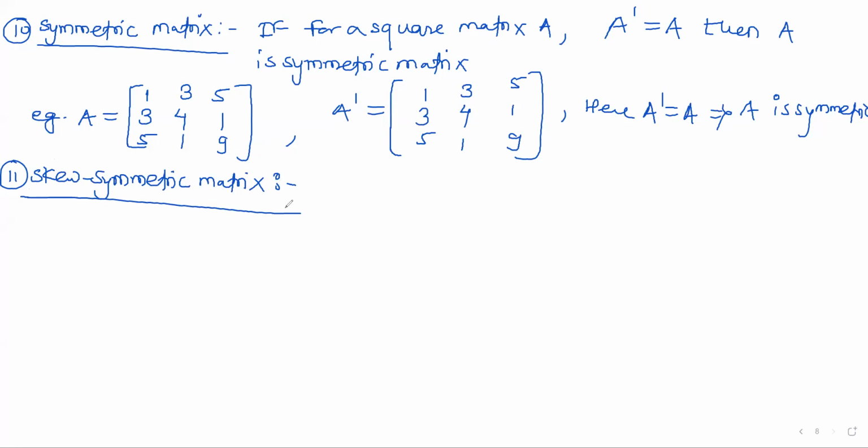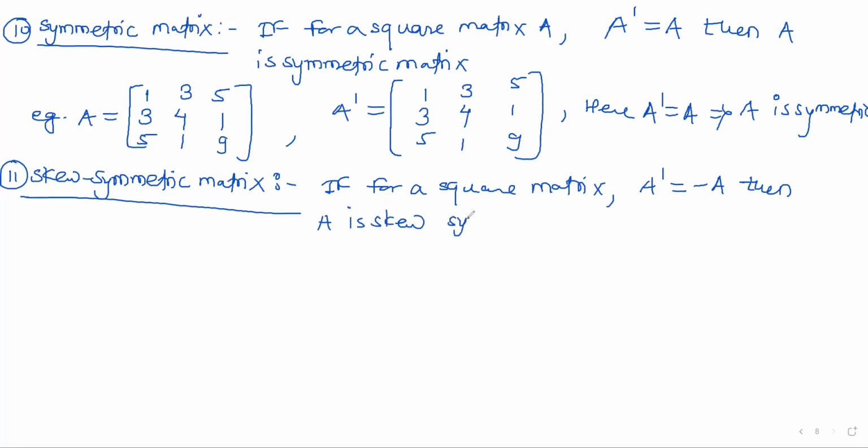If for a square matrix, A transpose is nothing but negative of A, that is minus A, then A is a skew symmetric matrix.